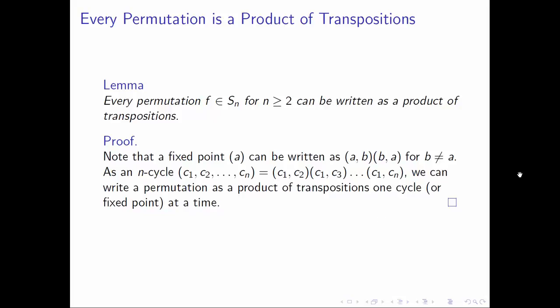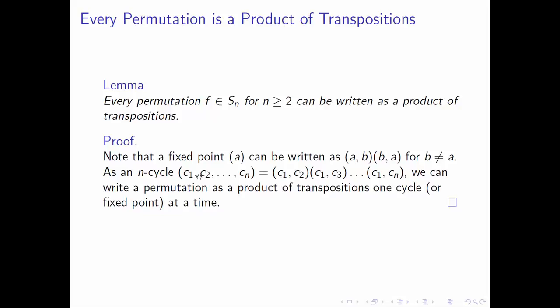Using the motivation from the last example, where we had (1 2 3 4) written as the transpositions 1 goes to 2, 1 goes to 3, and 1 goes to 4, and not using the specific numbers, we noticed that we could take an arbitrary n-cycle and write it as a product of, sorry, I believe n minus 1 transpositions, in the following way.